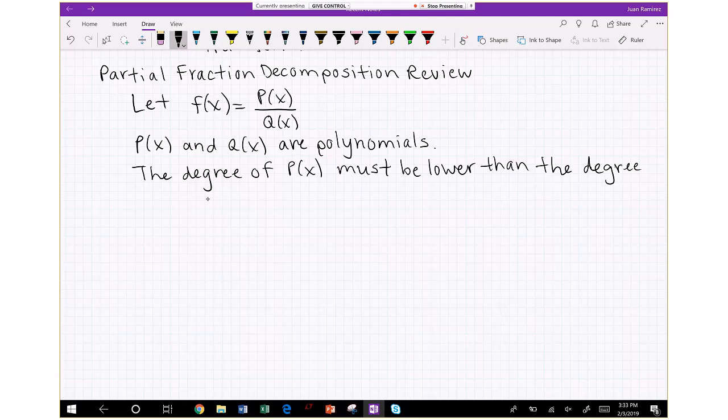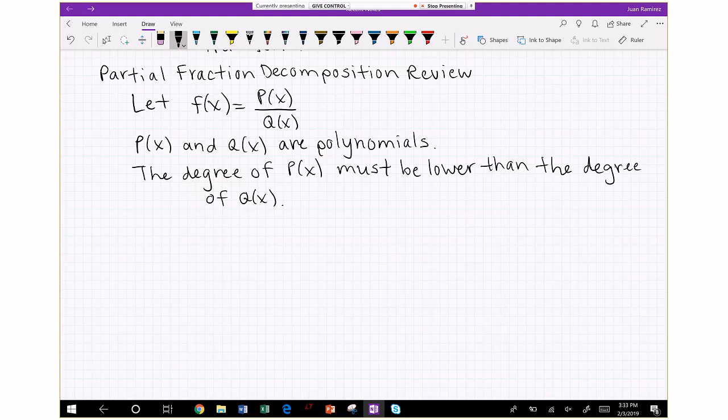By degree, we mean the highest degree of the polynomial. So for example, if the polynomial is x squared plus 3x plus 5, the degree would be 2. So the degree of the numerator p of x has to be smaller than the degree of q of x.